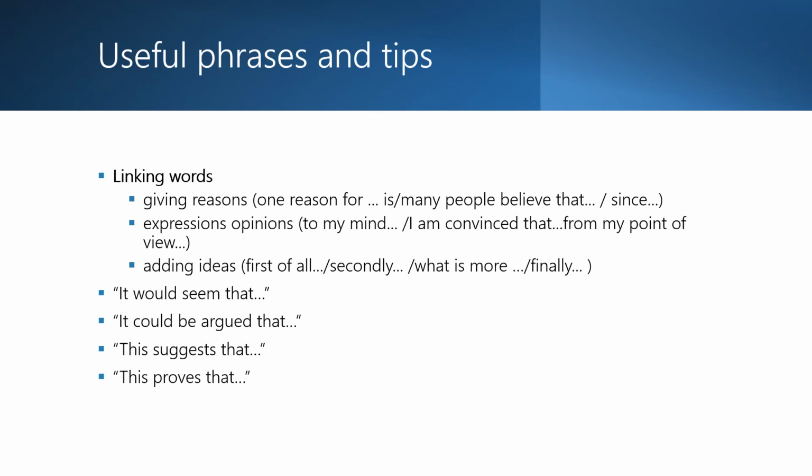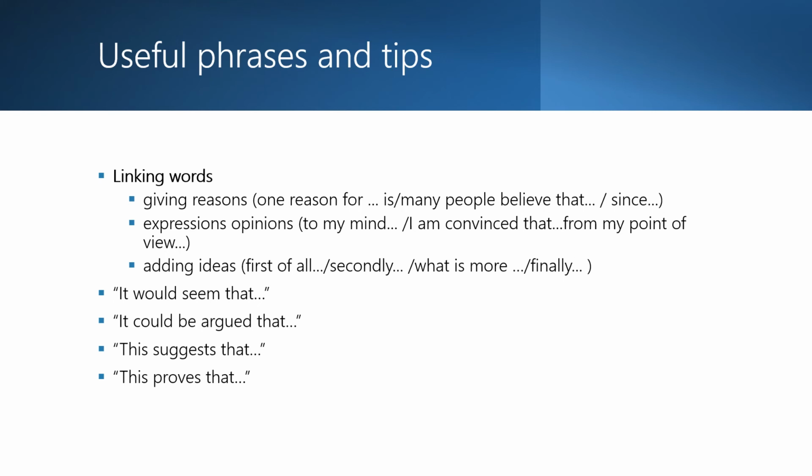Here are some useful tips or phrases you can use when writing your opinion essay. There are some linking words you can use for giving reasons. For example, one reason for that is, or many people believe that. Then there are some words to express your opinion.